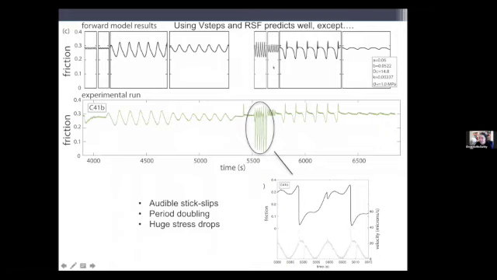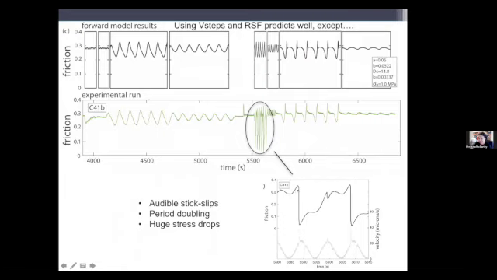There were a handful of, one or two really, cases where we actually got big stick slip behavior. In those cases it was unmistakable, it was audible, quite loud. It would happen in some cases right on the cycle, once every cycle at the exact same spot. In some cases it would skip one cycle, and so you would have what you call period doubling.